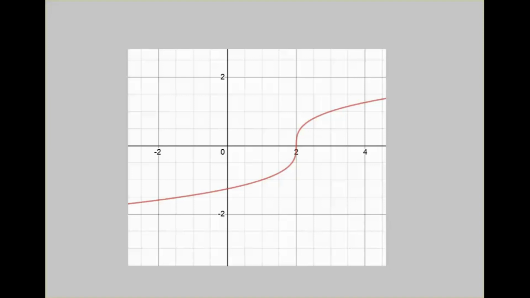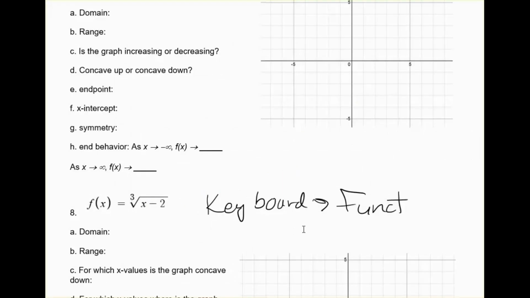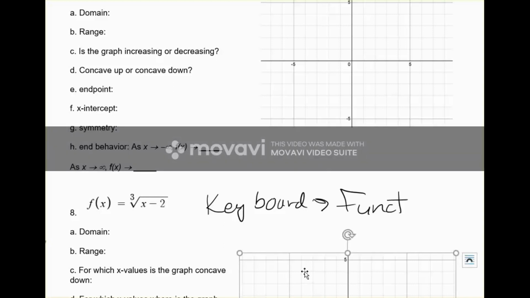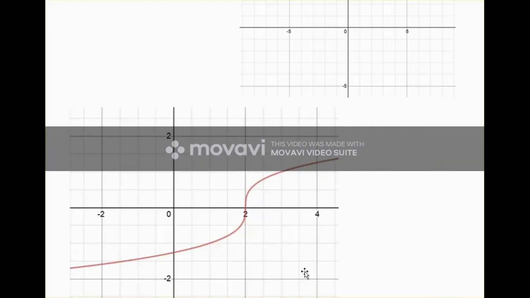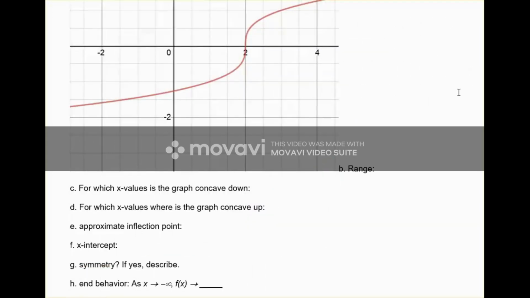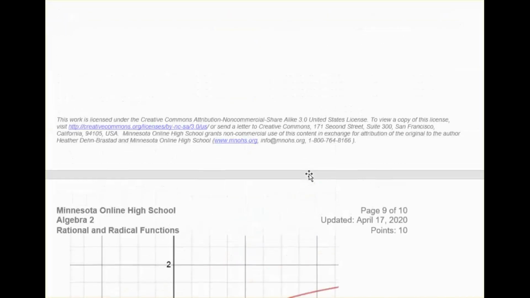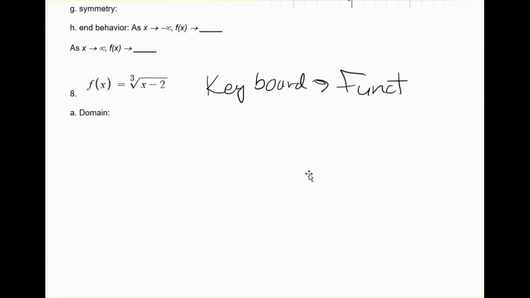If you're using Windows, there's a snipping tool, and then I'm going to go back to the worksheet and paste this onto the worksheet. Alright, so let me get back to my first questions. So I pasted it after the domain apparently.